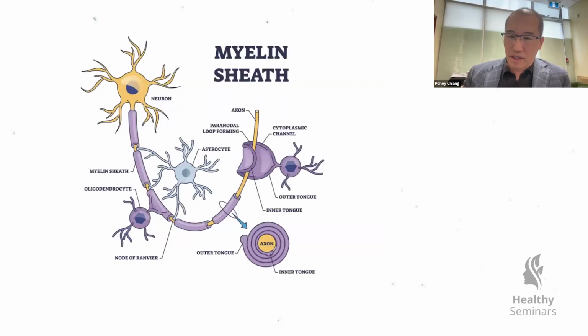Let's take a closer look at this myelin sheath business. The myelin sheath is actually made by a cell, called an oligodendrocyte, and these have membranes that project. They have parts called the outer tongue and inner tongue, and they wrap around the axon and continue to coil all the way around it, serving as insulation.